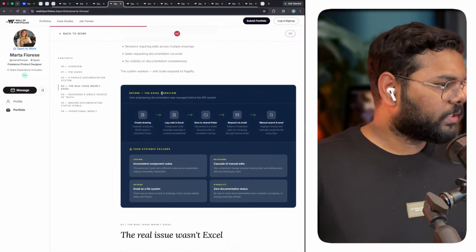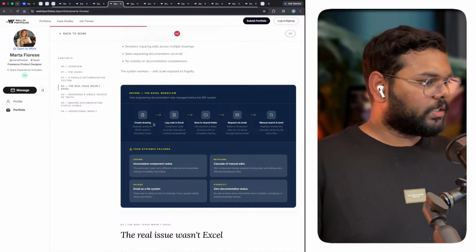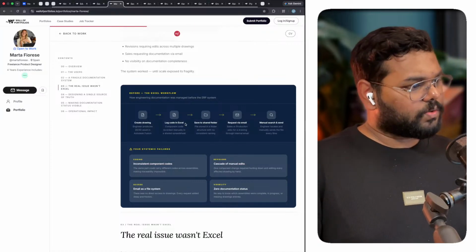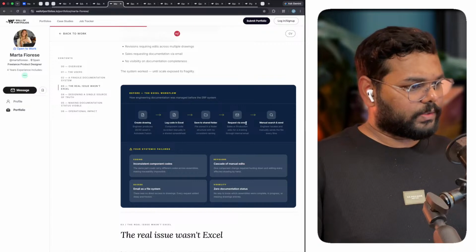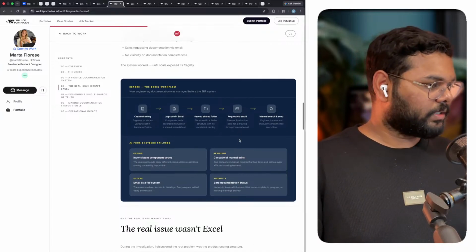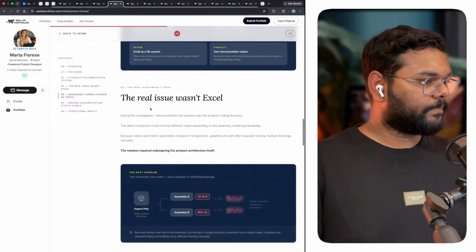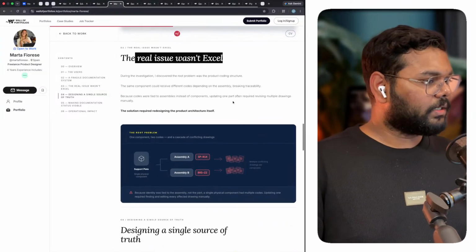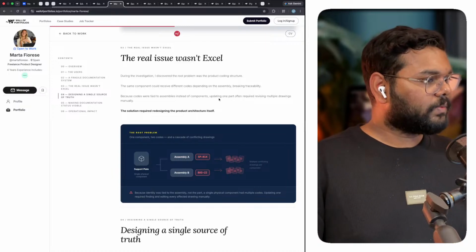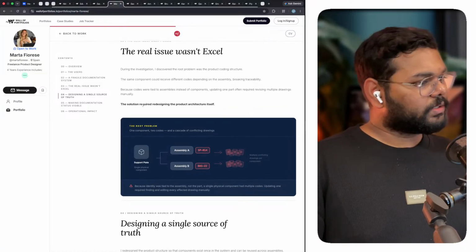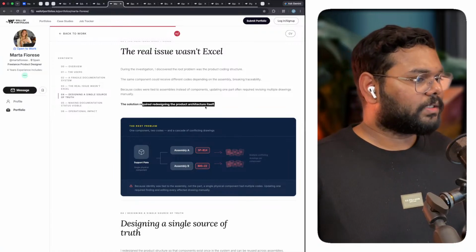What is it, before? Excel workflow, create drawing, log code in Excel. Okay, manual search and send. Okay, 4 systematic failures. Okay, real issue wasn't Excel. Then what was the real issue? The solution required designing the product architecture itself.